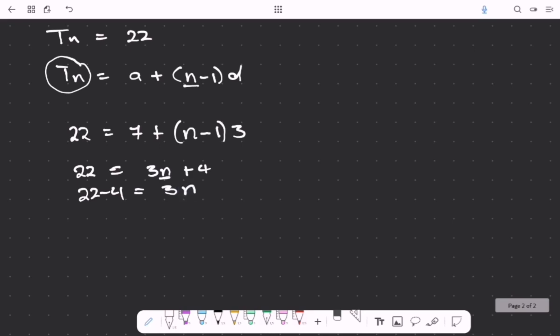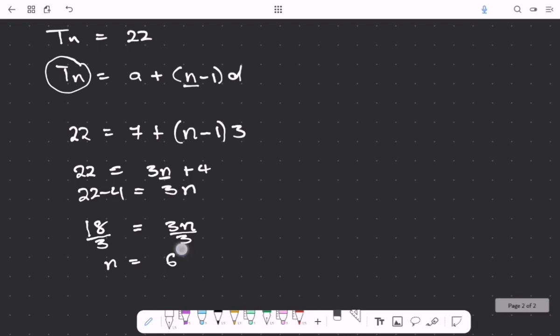And this gives us 18. We get 18, which is equal to 3n. So we now divide both sides by 3, and we get n is equal to 6.